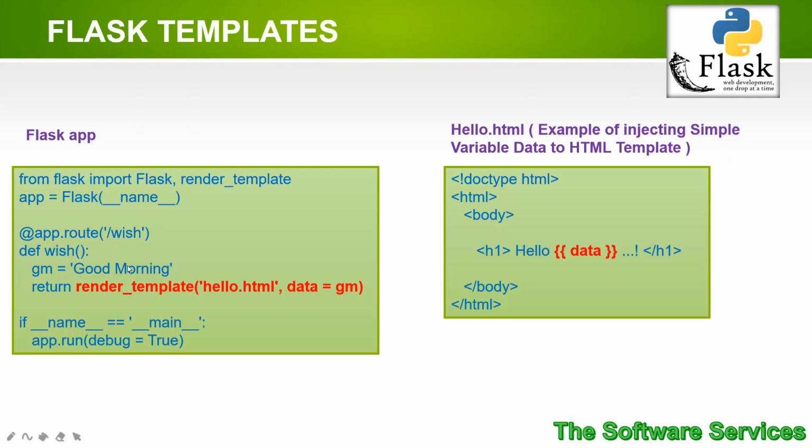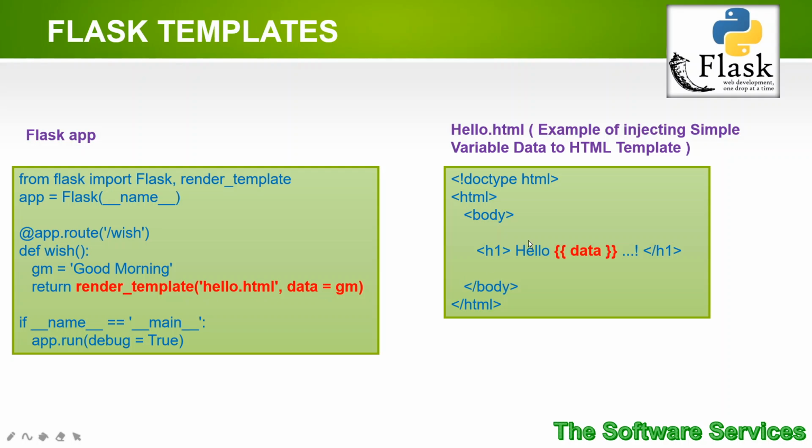What data? A simple variable data. gm is the variable, and it consists of a simple Good morning. So this is the data we are passing into the render_template function, right?